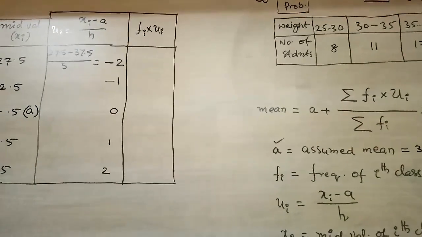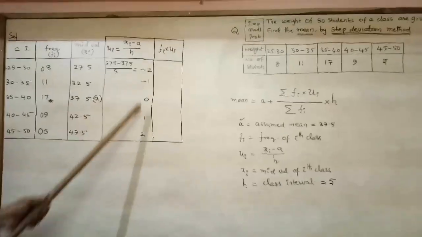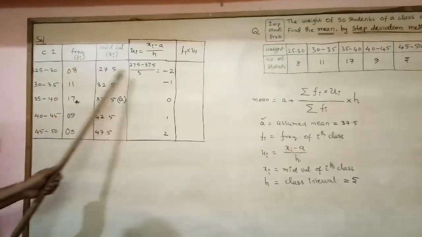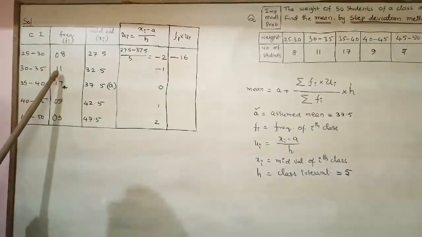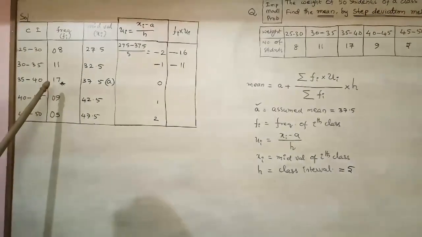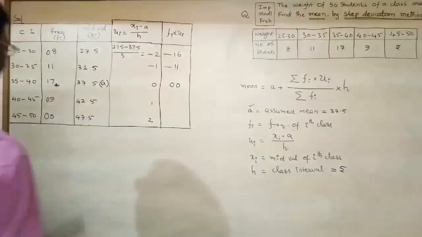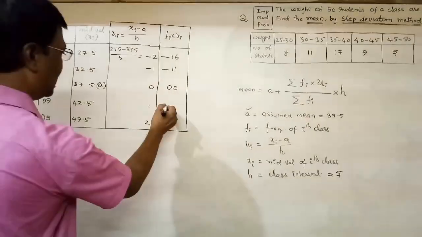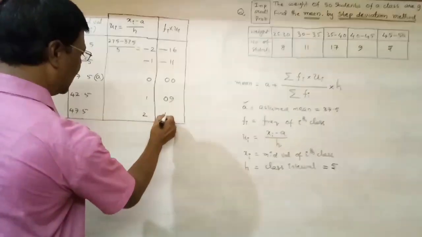Multiply 8 into minus 2, that is minus 16; 11 into minus 1, minus 11; 17 into 0, 0; 9 into 1, 9; 5 into 2, 10.